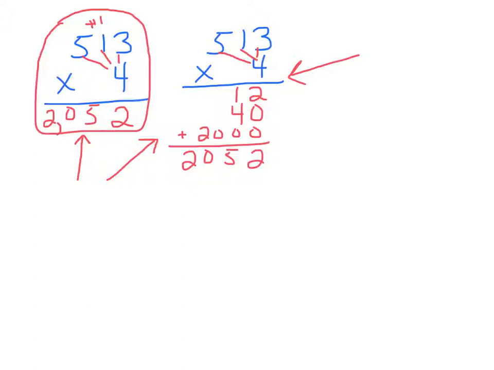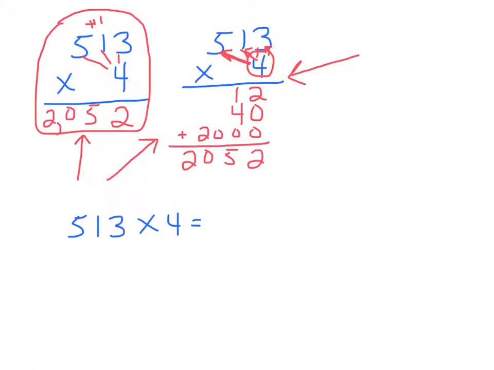Because what you are doing is distributing the 4 over each one of these numbers: 4 times the 3, 4 times the 10, and 4 times the 500. And that really is what the distributive property means. It means distributing one number and multiplying it by the other numbers that are in there.